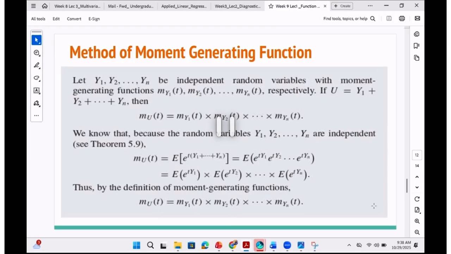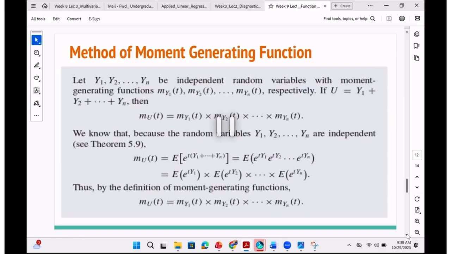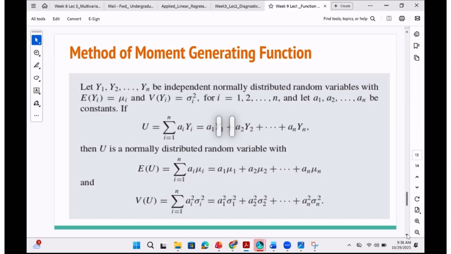Now, how are we going to use this? The moment I'm able to get the moment generating function of the sum, then I can get the mean and the variance. In this class, I walked you through this.